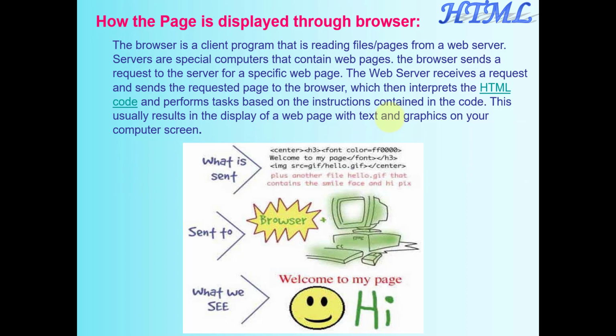For example, if we browse any HTML file in the browser, it is first coded like this. For example, we want to send this in HTML format. When it is sent to the browser, what we see looks like this. This is how your information will be executed.